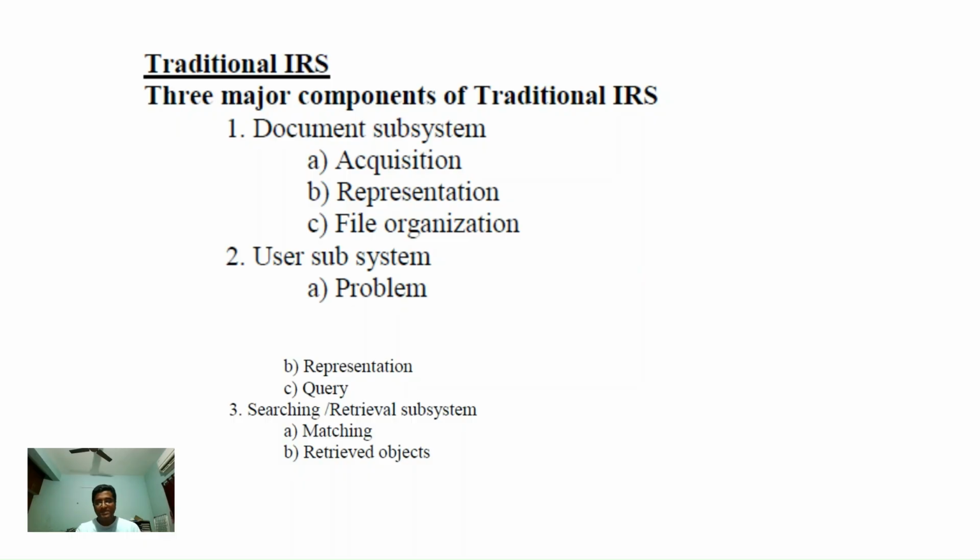Under the user subsystem, we have problem identification, representation, and the query. The third one is searching: the searching and retrieval subsystem, the matching and the retrieved objects. So these are the three major components of how the traditional IRS looks.